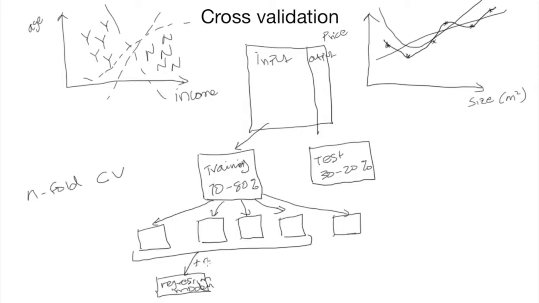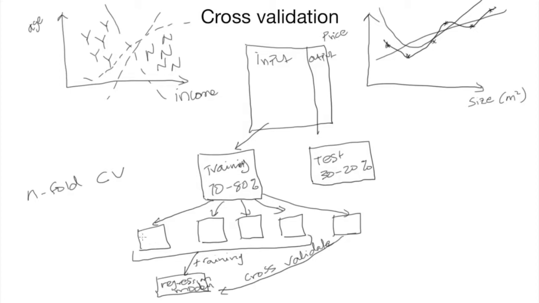So this is used to train it, and it is evaluated, or rather cross-validated, against the remaining fold. So in this way, each model gets trained 5 times.